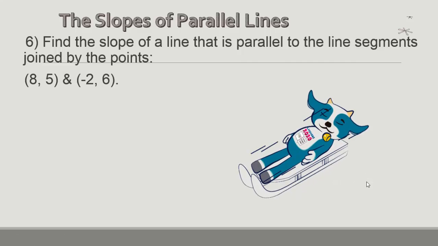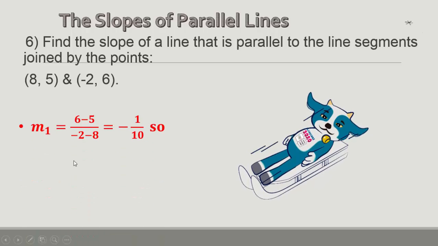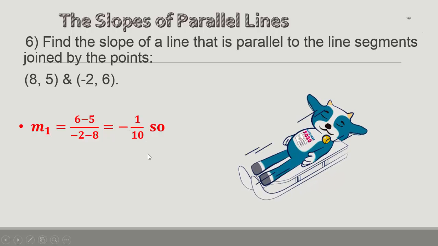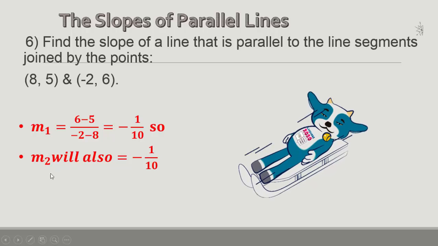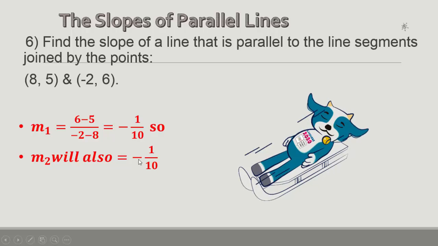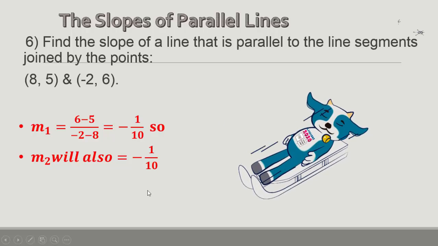Reviewing what we just did, we found that m1 was equal to negative 1 over 10. So that means m2, the second line's slope, will also be negative 1 over 10 because these lines are supposed to be parallel.